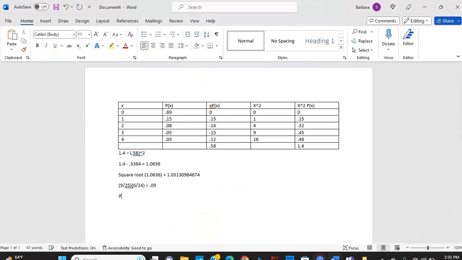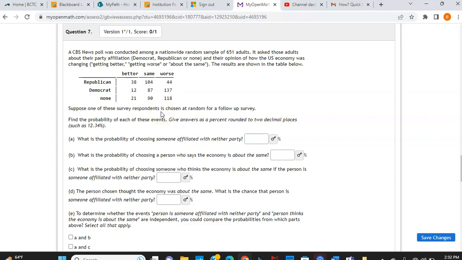They will be independent if the probability of the non-affiliated people is equal to the probability that they are non-affiliated, given that, let me look back at the situation again, get the language right, they think the economy is about the same.